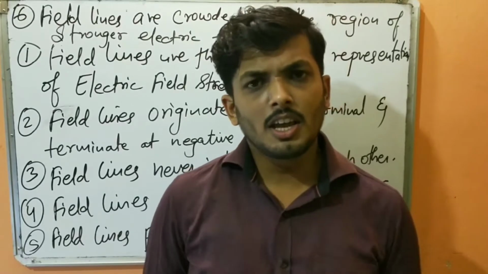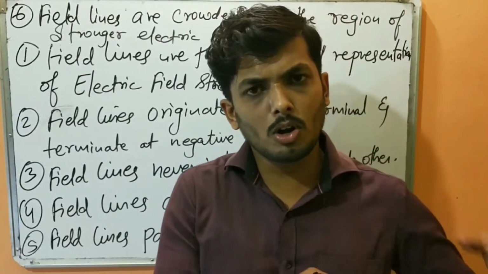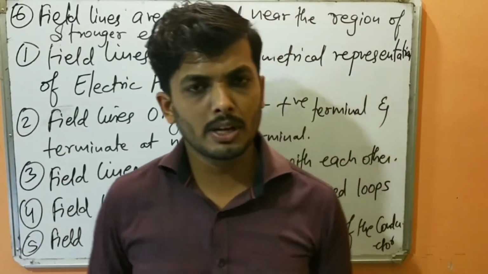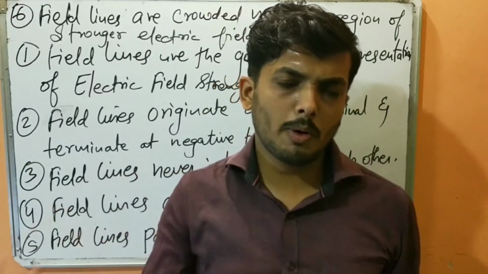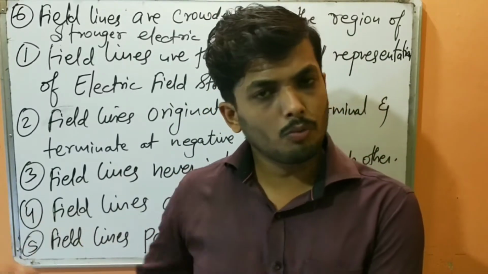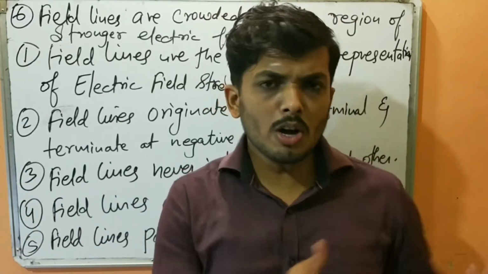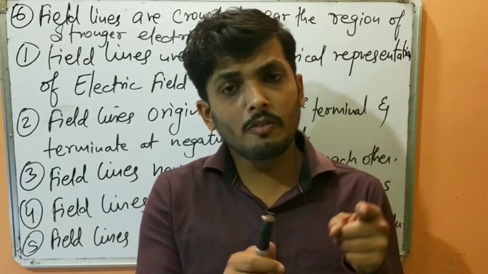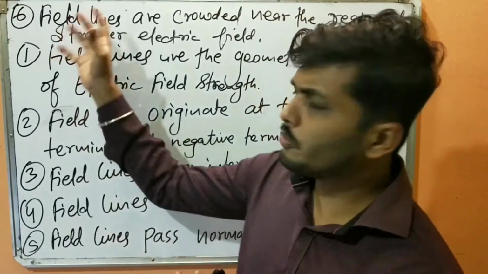Common sense, right? If there is one charge which has a huge magnitude, a lot more charge compared to a small charge, maybe 1.6 into 10 to the power minus 19 coulomb. So the charge with 10 into 10 to the power minus 19 coulomb compared with 1 into 10 to the power minus 19 coulomb, the 10 will have a stronger electric field, and since that charge has a stronger electric field, the electric field lines also will be more crowded there. Yes or no? So this property is very simple to understand.